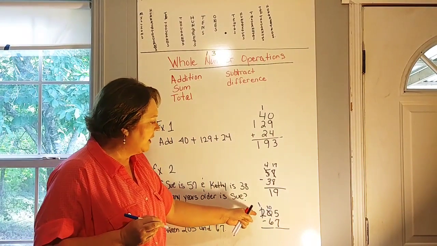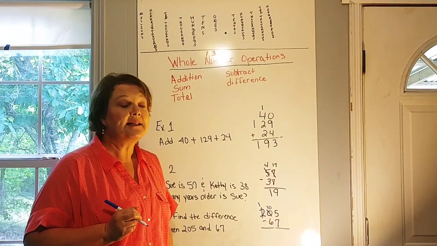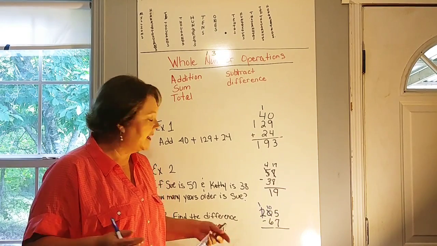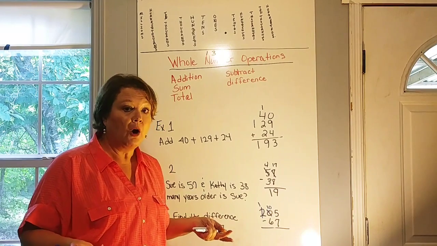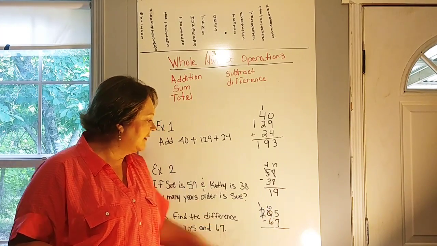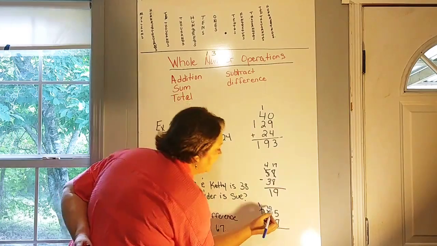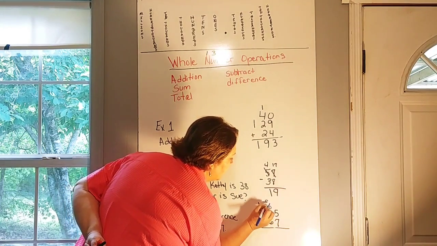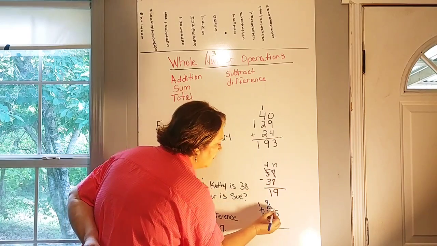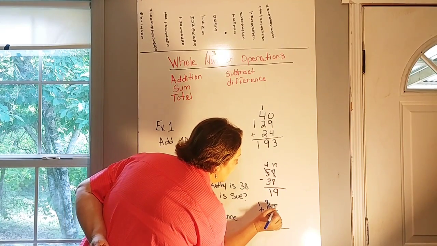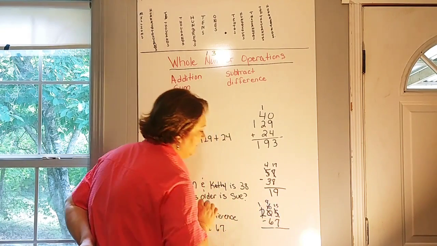Well, we borrowed 100, and 10 tens equals 100. So now we have 10 tens here. Now we can borrow, right? So let's take 1 ten away from our neighbor, and he's going to be left now with 9 tens. We're going to add 1 over here. So our 5 becomes 15, okay?